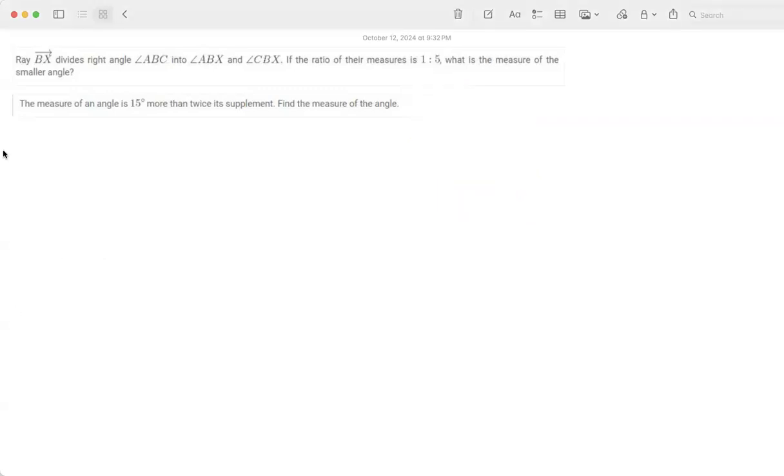So now let's go ahead and try this one. The measure of an angle is x. What is its supplement? The supplement of the angle is 180 minus x, right? Now, what have they given?